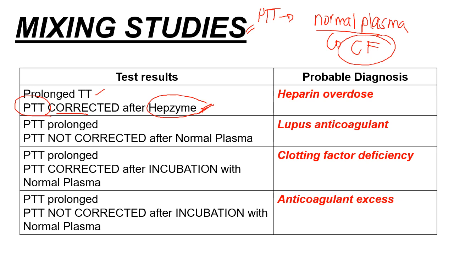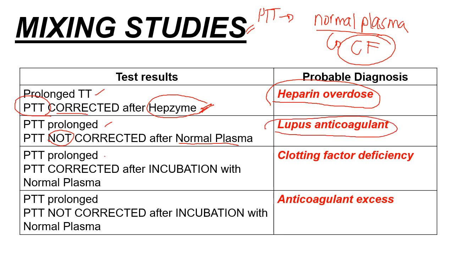So, more or less, you assume that there is a heparin overdose. Next naman, PTT is prolonged and not corrected after normal plasma. So again, kapag laging not corrected yan, lupus anticoagulant.